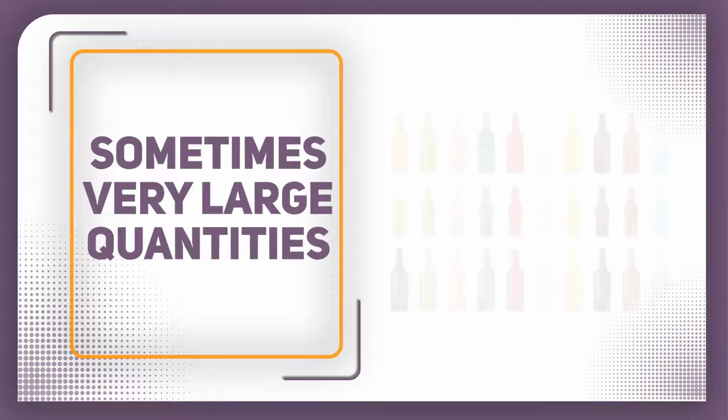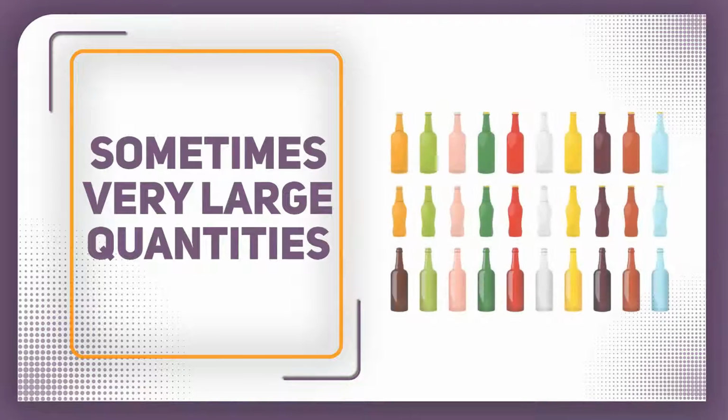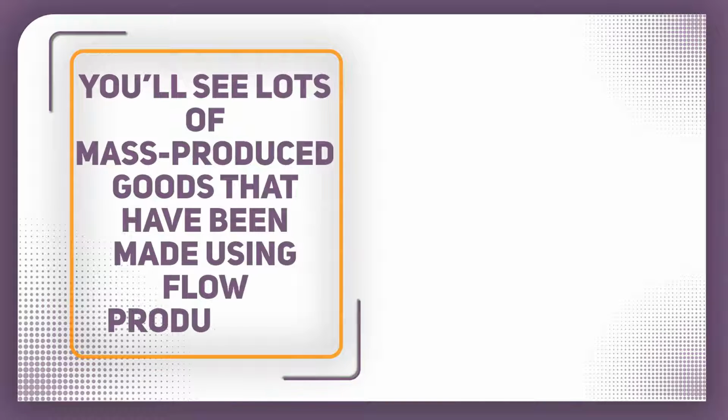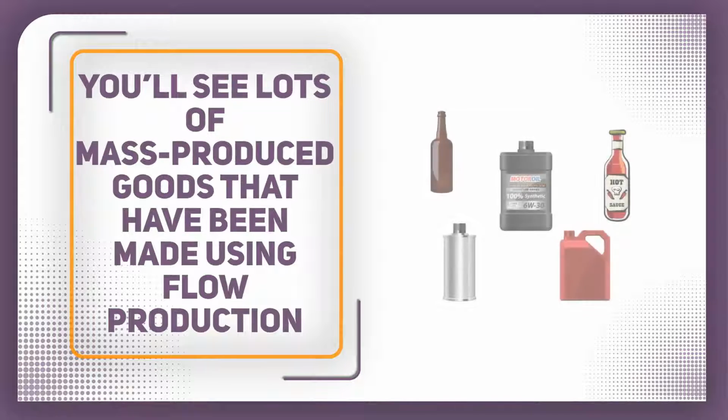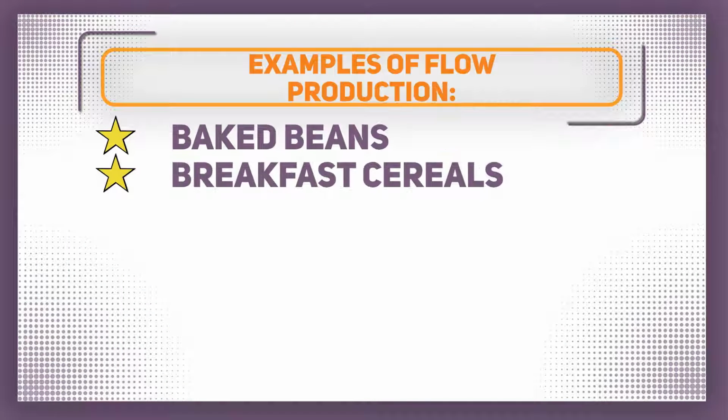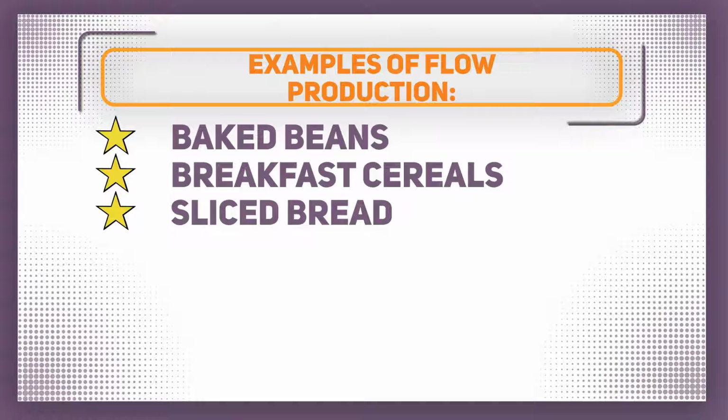You might not realise it, but if you look around your home, in a supermarket or in other larger retailers, you'll see lots of mass-produced goods that have been made using flow production. Many everyday foods, such as cans of baked beans, breakfast cereals or sliced bread, are actually manufactured using flow production.